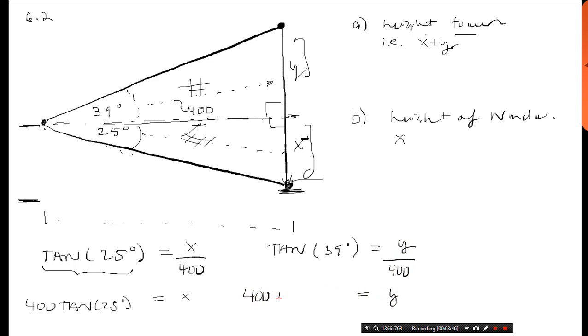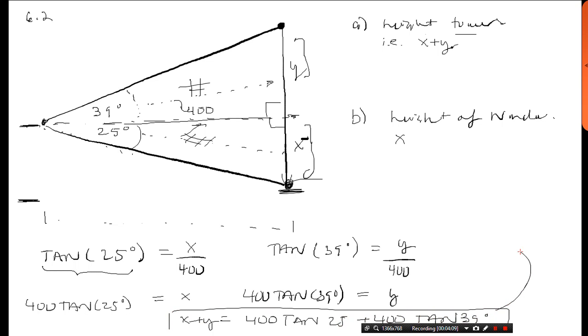This is 400 tangent of 39 degrees. So to find the height of the tower, we just got to add x and y together. So x plus y is 400 tangent of 25 plus 400 tangent of 39 degrees, which will be the height of your tower. It's really not all that bad.